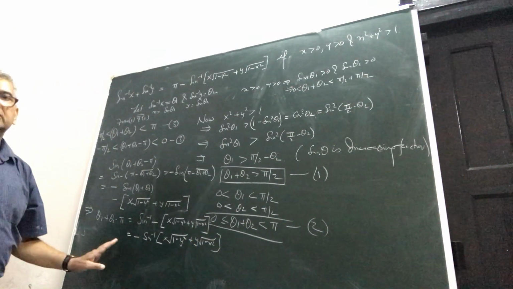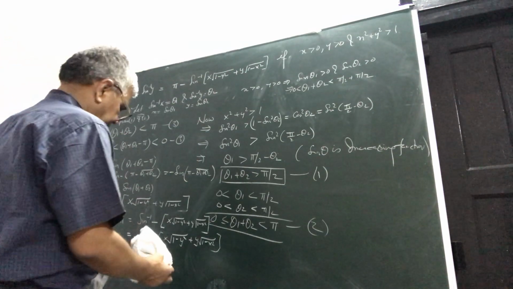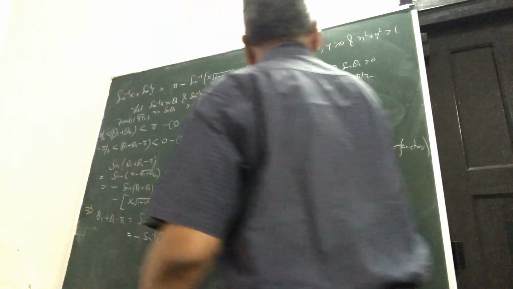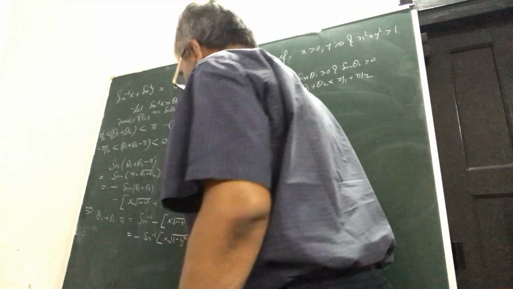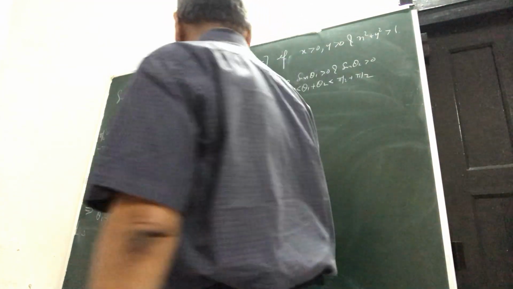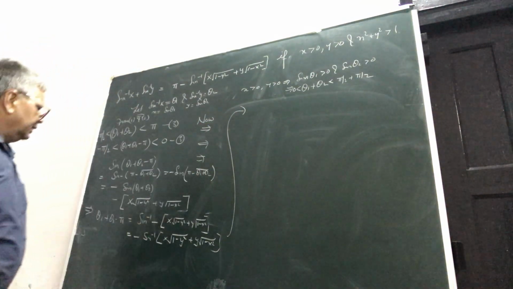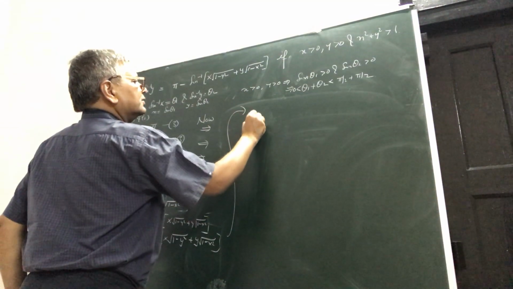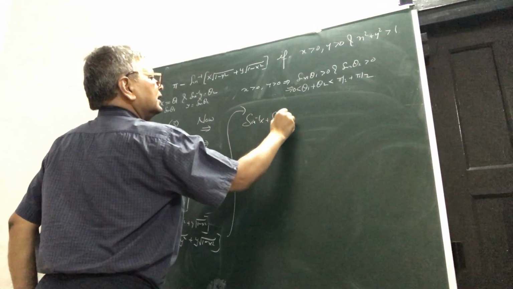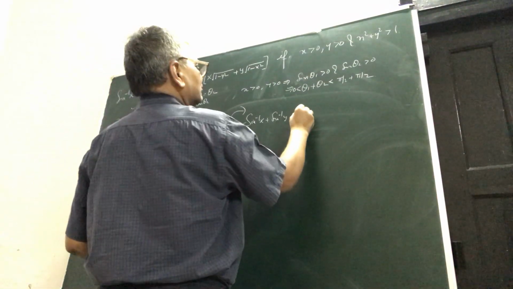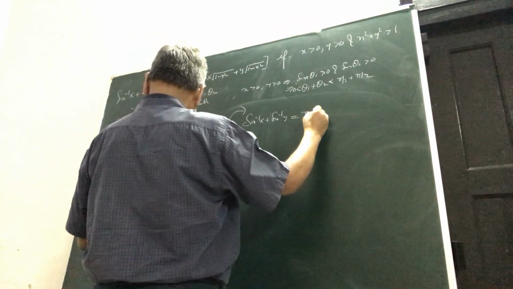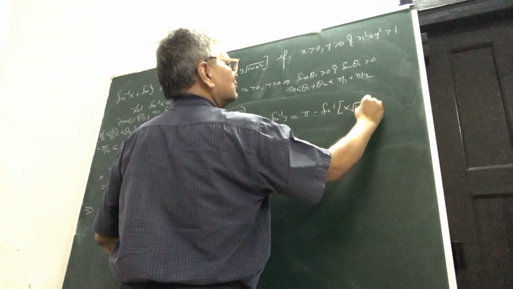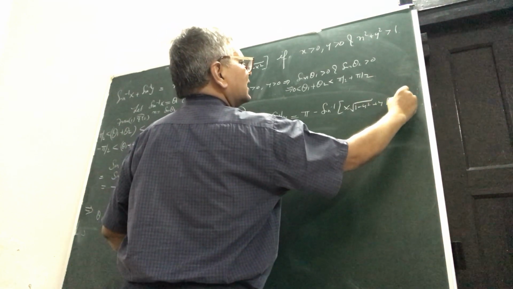Now I'm removing all this and I will be writing here, because what I am observing is that students are unable to see beneath this. So from this result, putting the respective values, sine inverse x plus sine inverse y is equal to, taking this pi to the other side, pi minus sine inverse of x under root 1 minus y square plus y under root 1 minus x square.